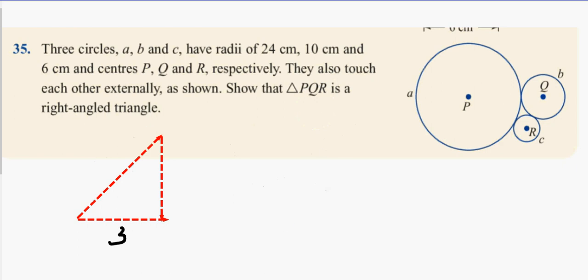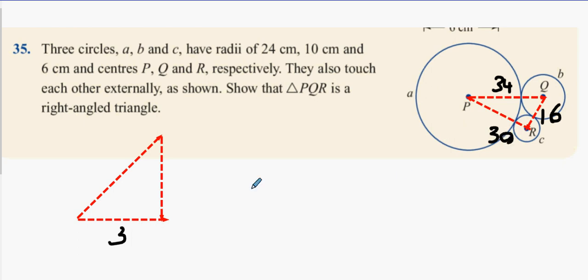Alright, so what we're going to do here is the following. We're going to grab a line and we're just going to go center to center, center to center. For me that's 24 plus 10, which is 34. This one's 10 plus 6, 16, and the other one? 24 plus 6 is 30.